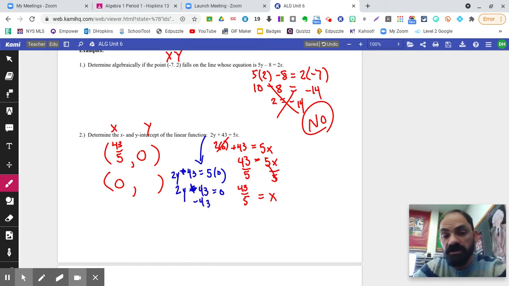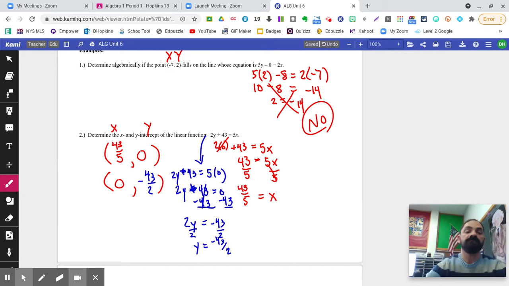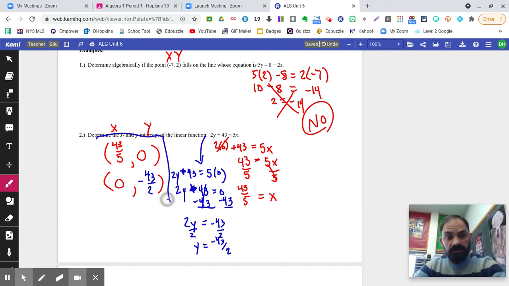Subtract 43 because I'm solving for y. And then divide by 2. So negative 43 halves. Okay, so those are your x and y intercepts right there.